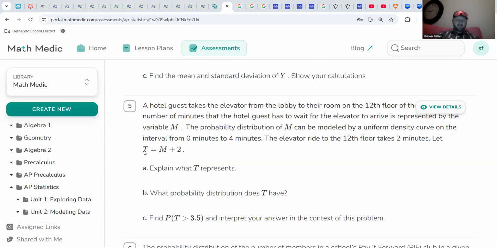The total time to get to my room is 4 plus 2, which would be 6. 6 right here. We say that to find probability on a uniform, it's simply base times height. Well, all of a uniform has to add to 1. So 2 all the way to 6, wouldn't that be a distance of 4? Well, 4 times what would give me 1? Wouldn't it be 1 over 4?